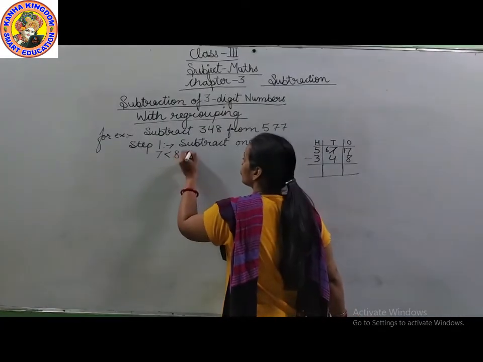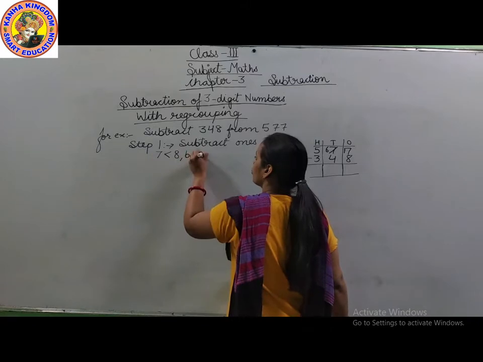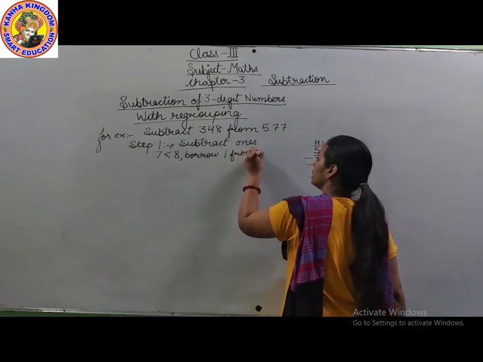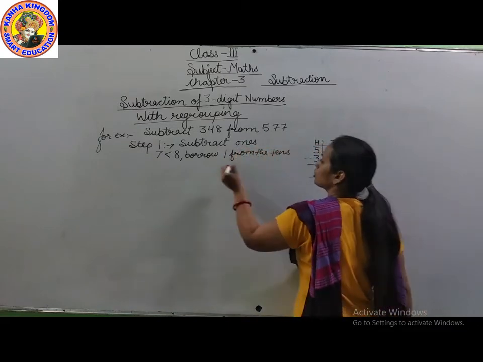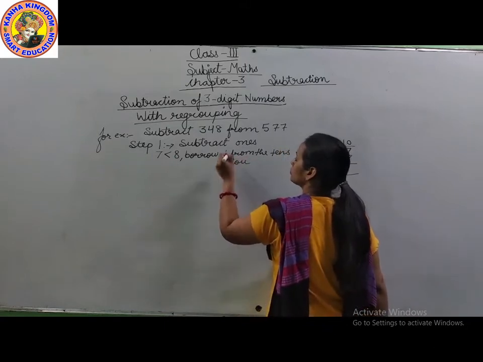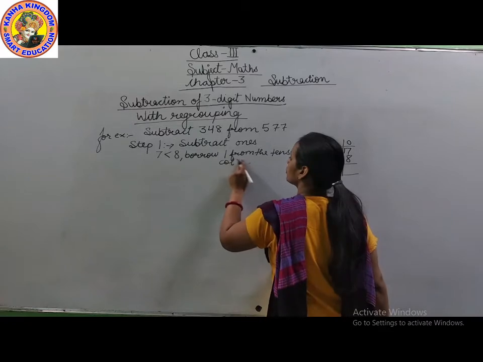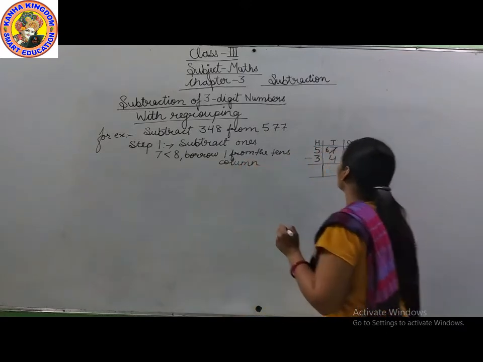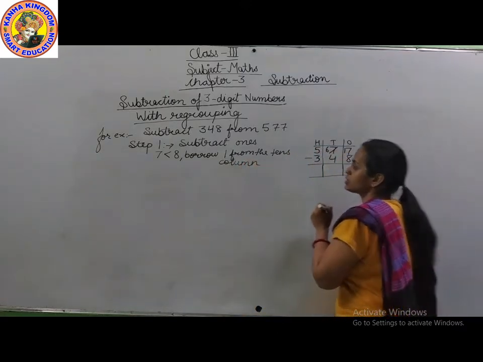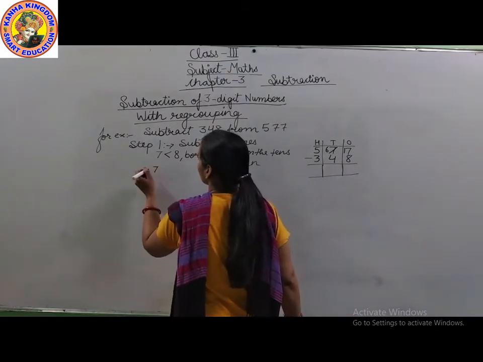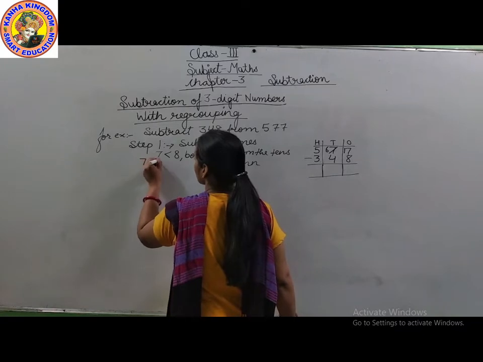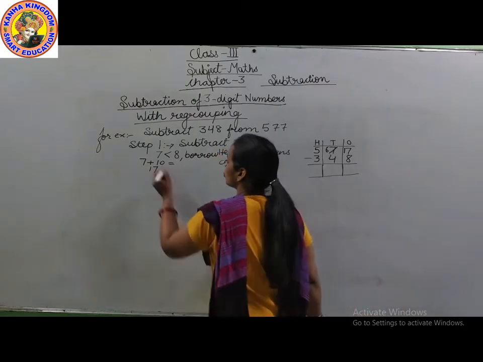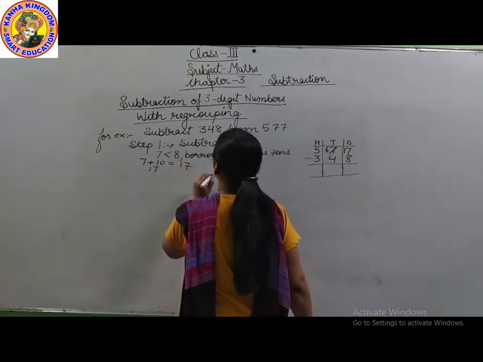So borrow 1 ten from the tens column. Now 17 minus 8. So 7 plus 10 equals 17.